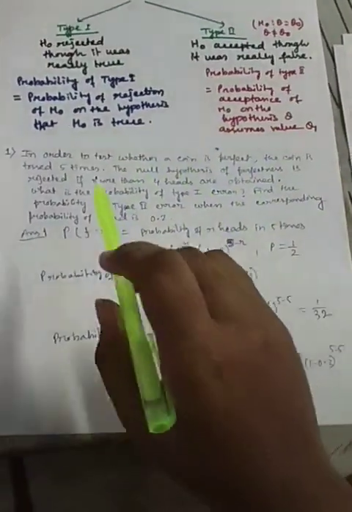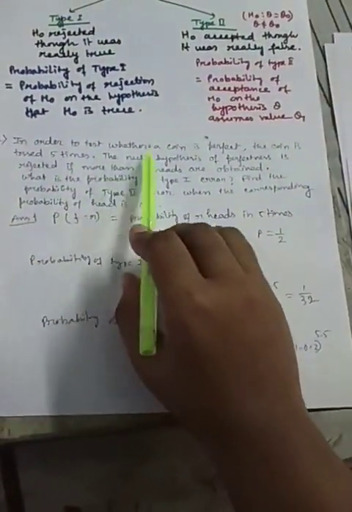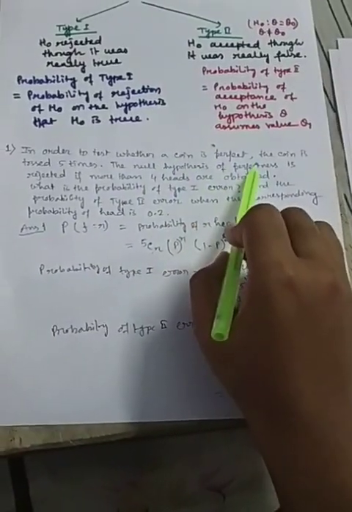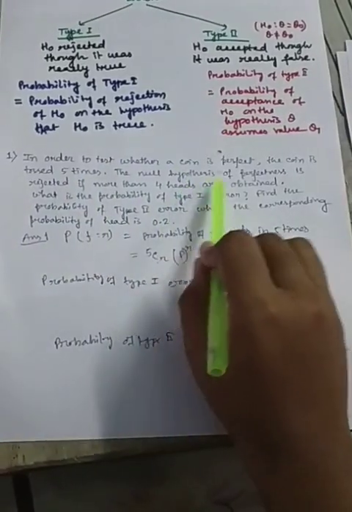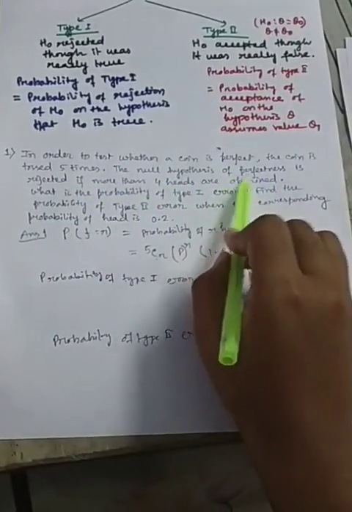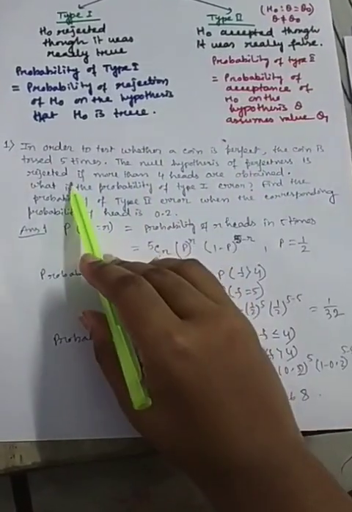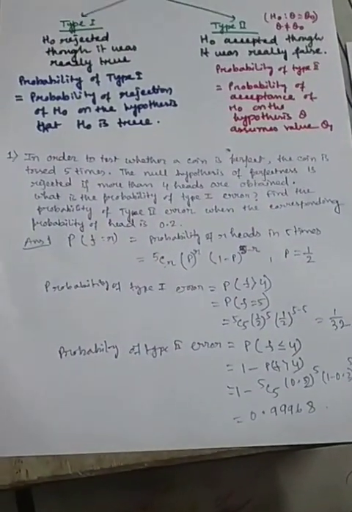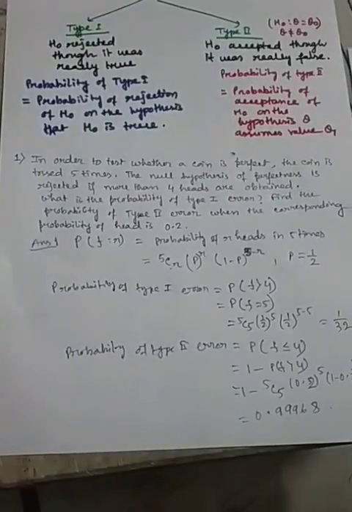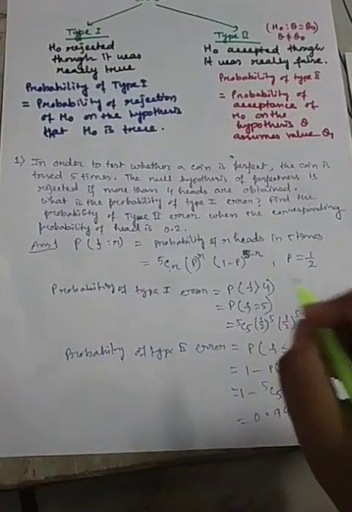Let us consider one example. In order to test whether a coin is perfect, the coin is tossed 5 times. And the null hypothesis of perfectness is rejected if more than 4 heads are obtained. For a coin, we know that the probability of head is 1 by 2.